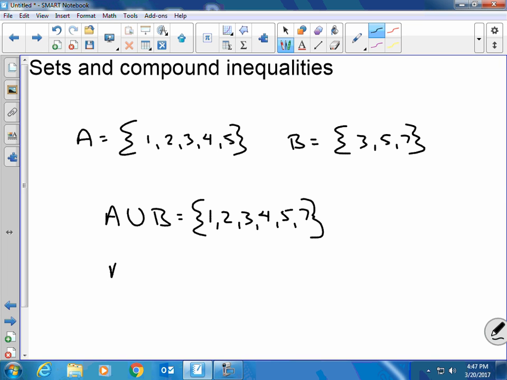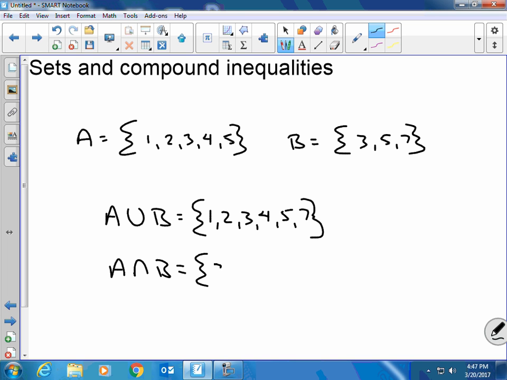How about intersect? A intersect B. This is every element that is in both A and B. Number 1, is it in A and B? No. The number 2?